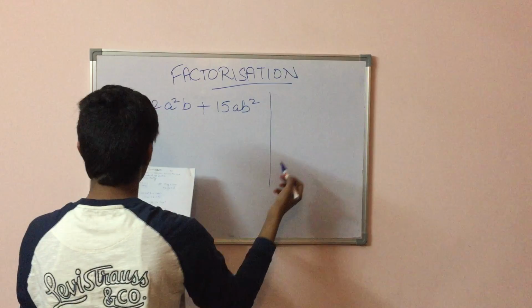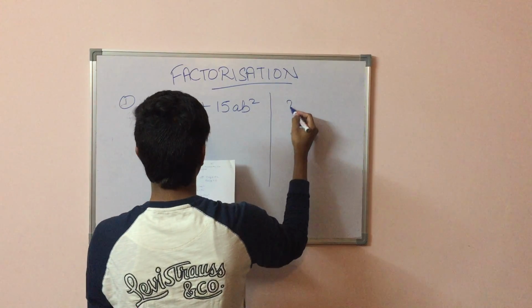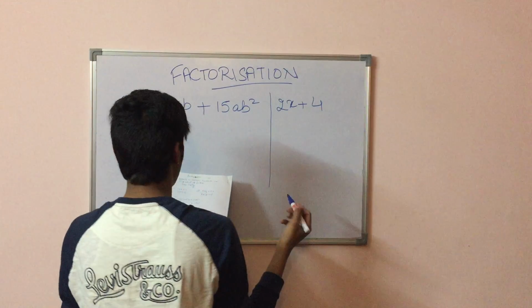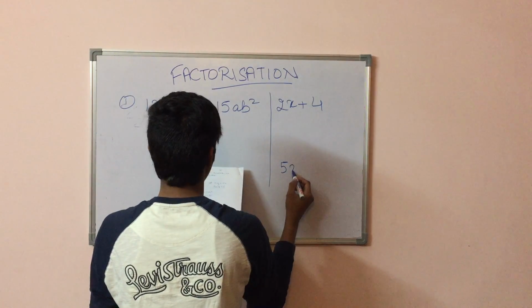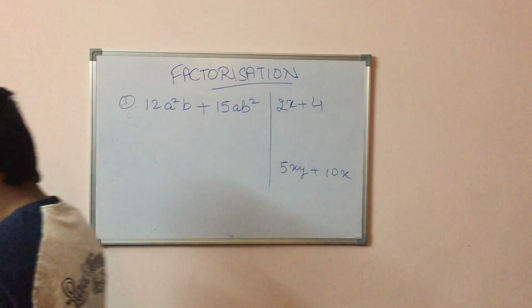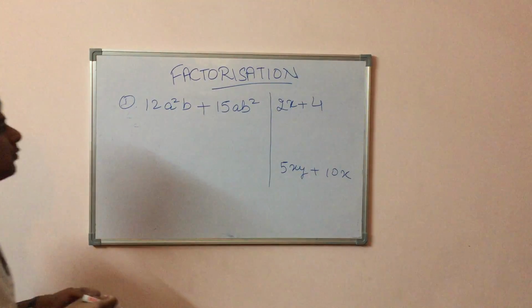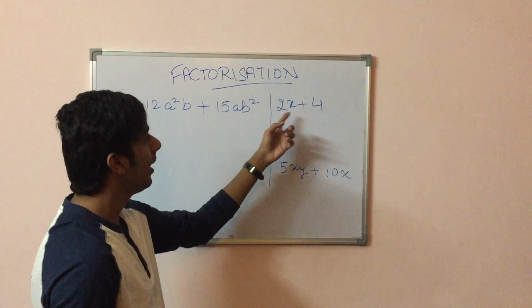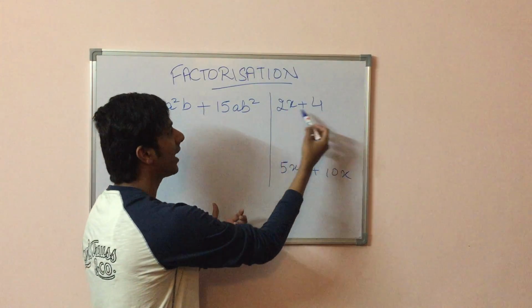Before that, let us take a simpler example: 2x plus 4, or you can say 5xy plus 10x. Now we have to solve this. Take 2x plus 4. Now you have to factorize this.